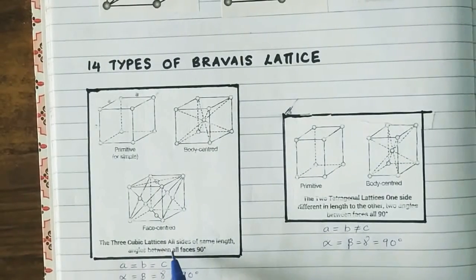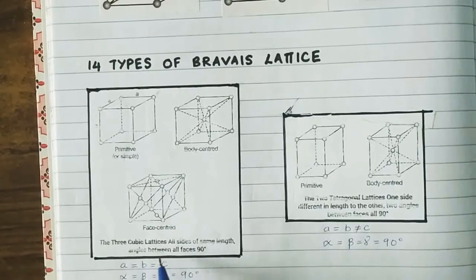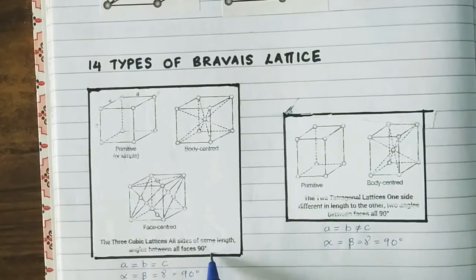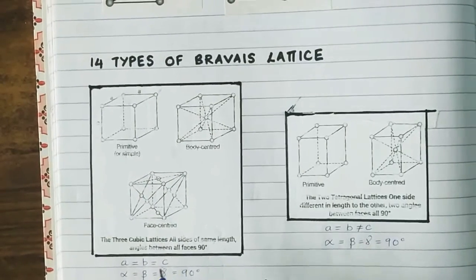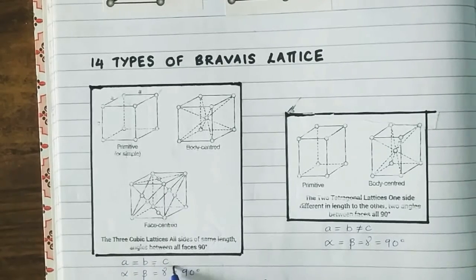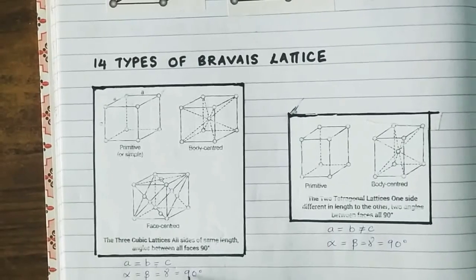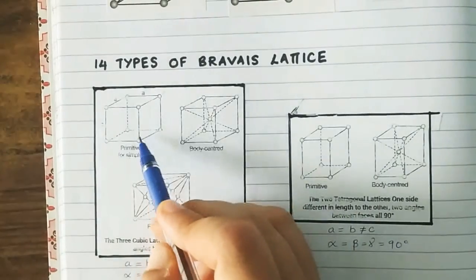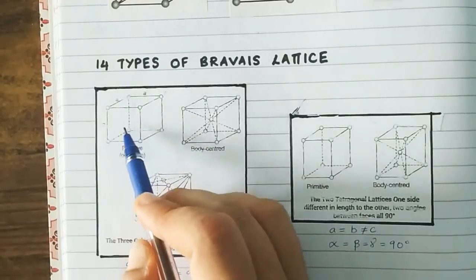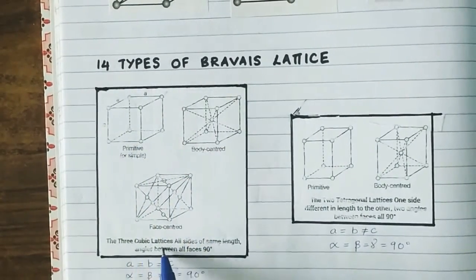In this all sides are of the same length, and angles between faces are all 90 degrees. So side a equals b equals c, and alpha, beta, gamma are all 90 degrees.